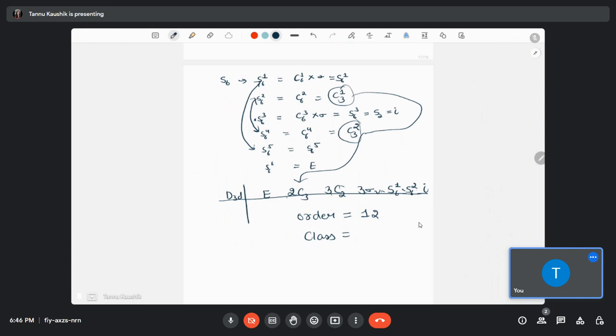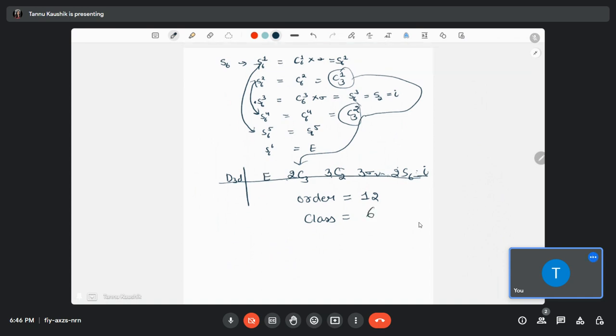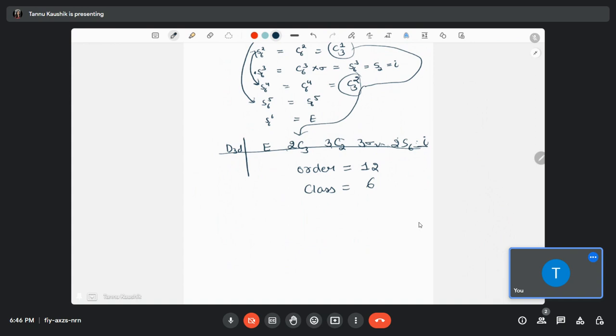Okay, so here we will have only one class appearing from S6, which will have two operations associated with it, that is S6^1 and S6^5. So here I am writing it as 2 S6. So we will have six classes. Okay.